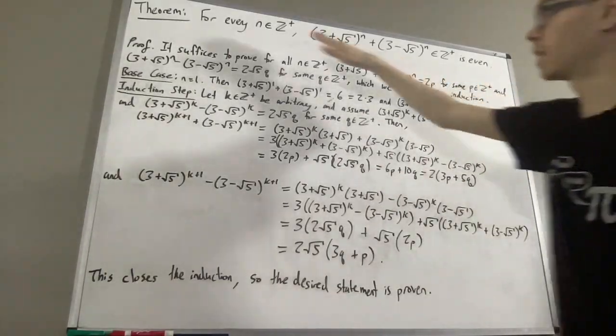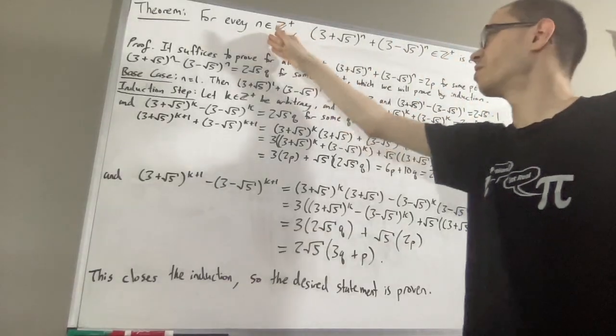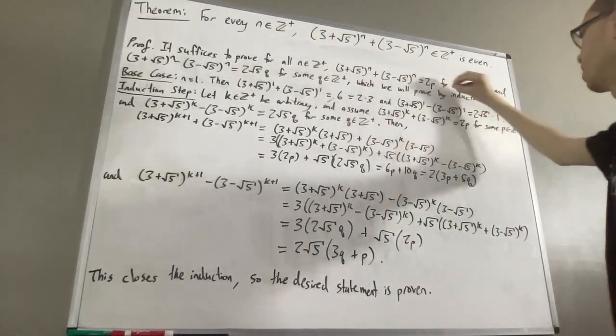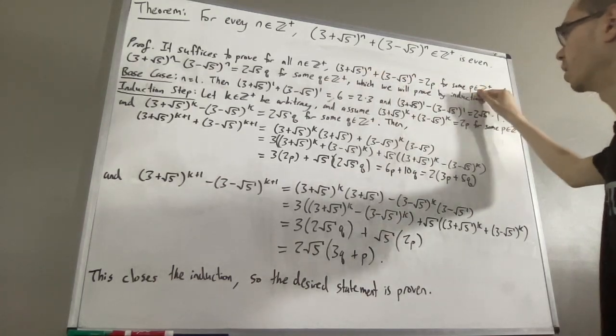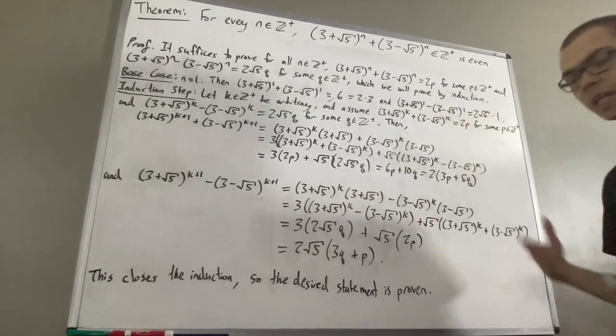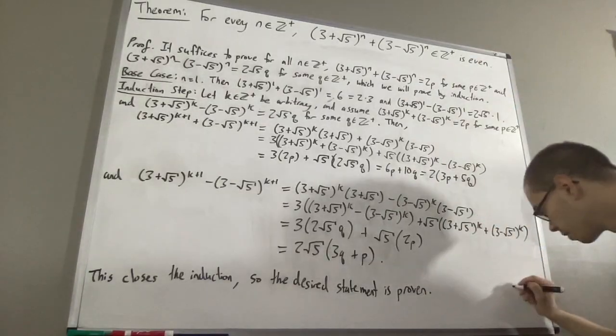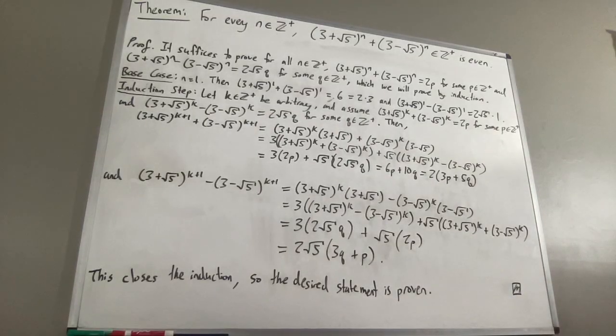But that's enough to say that this statement is true, right? Because if we give ourselves an arbitrary positive integer n, we know this quantity is equal to 2p for some positive integer p, and therefore it's a positive integer and it's even. So that's it. This completes the proof. And so yeah, that's pretty much it for this video.